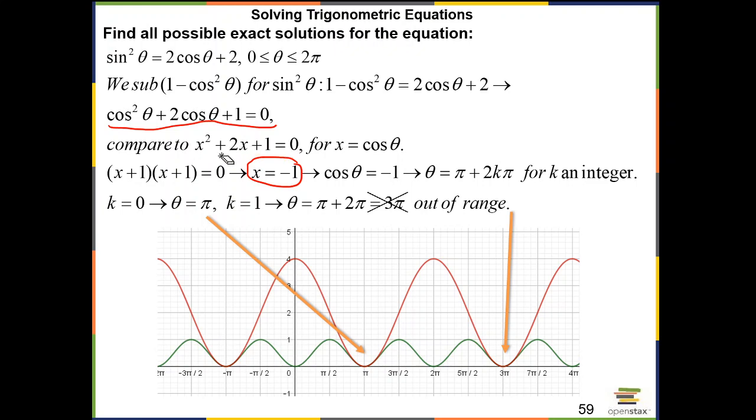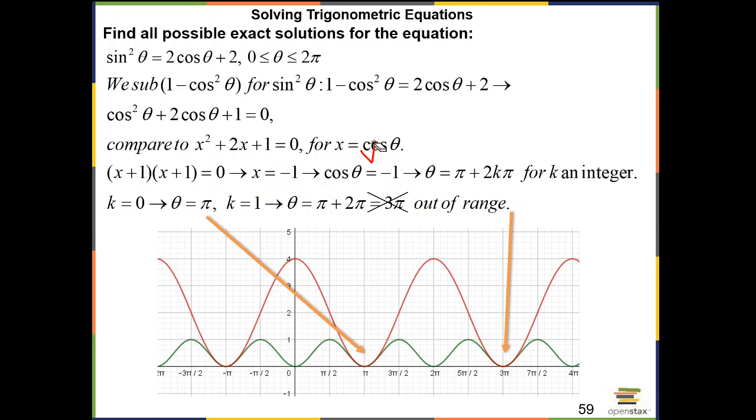Well, this is equivalent to that if x is cosine. So if x is negative 1, then cosine has to be negative 1. So you see, that equation right here reduces to only what? That. So what do we do? We solve it. Solutions for this is the same as solutions for that one.